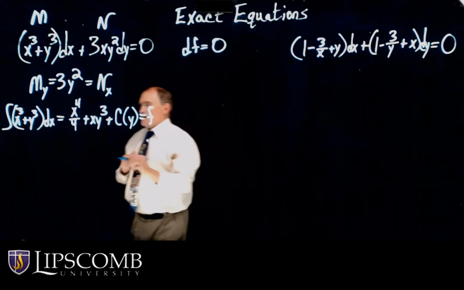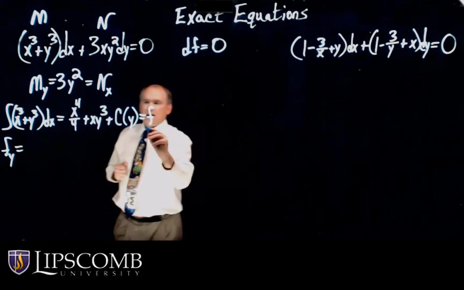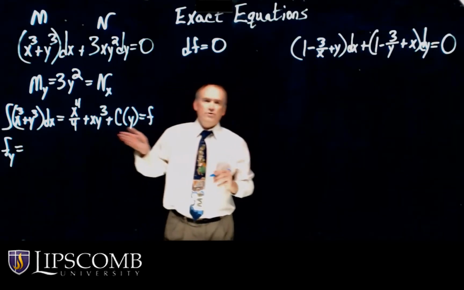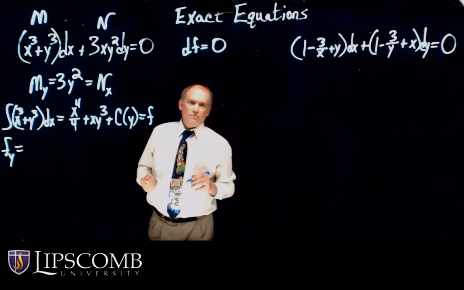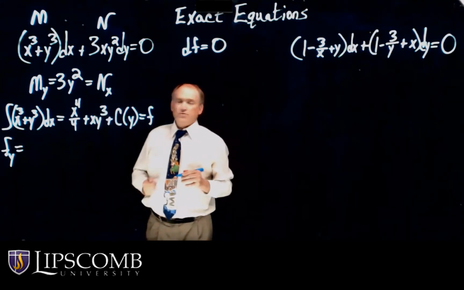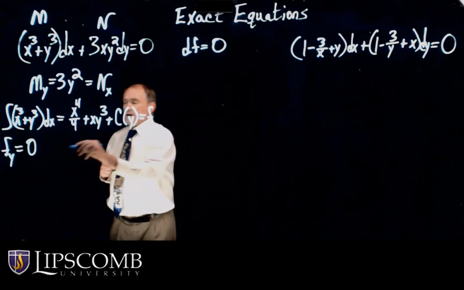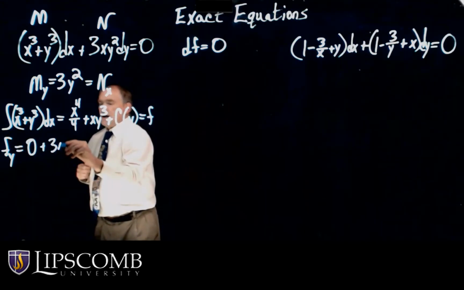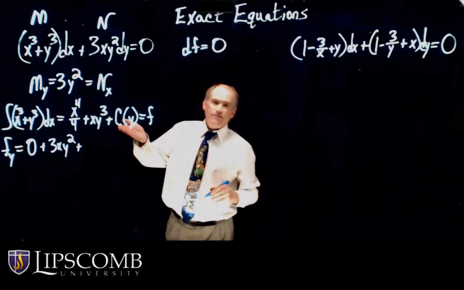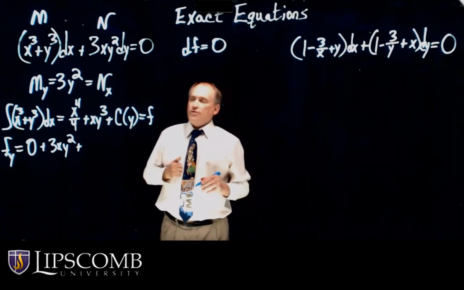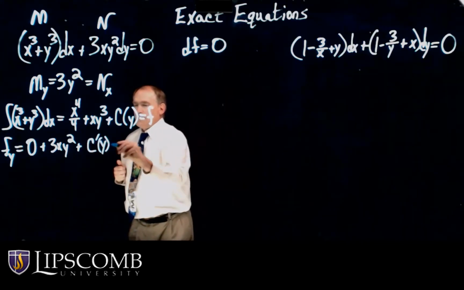Now, let's take the partial of f with respect to y. So I'm going to take the partial of this with respect to y. So x is a constant relative to y, so the partial with respect to y of that would be 0 plus 3xy squared plus, this is a function of y, so therefore I'm going to have c prime of y.